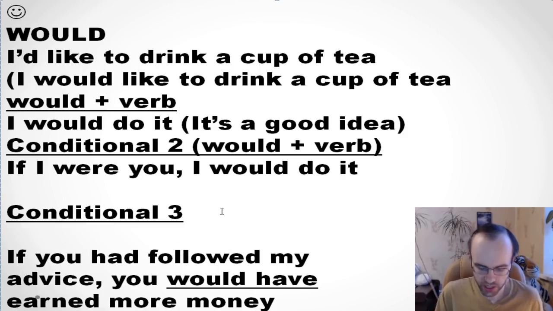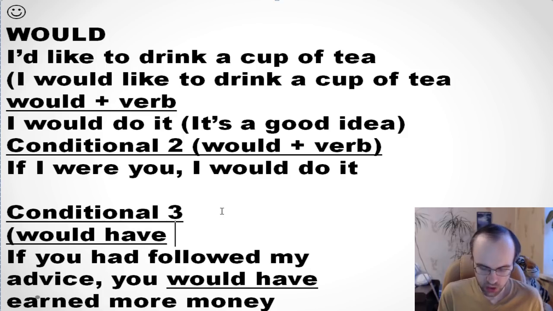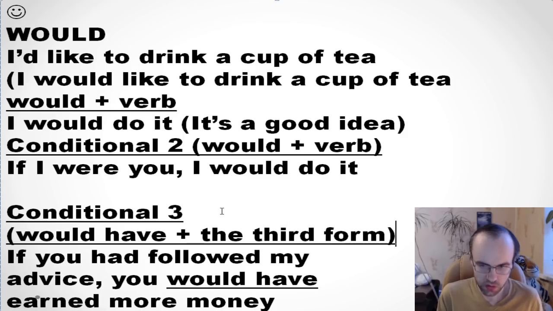And if we look at the third conditional, would have plus the third form of the verb. Okay? If you had followed my advice, you would have earned more money.